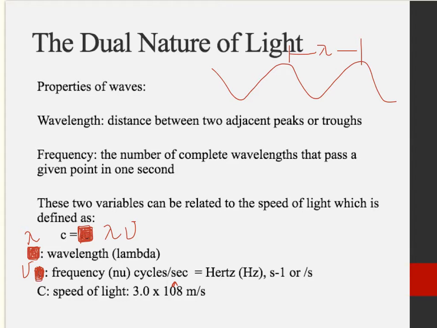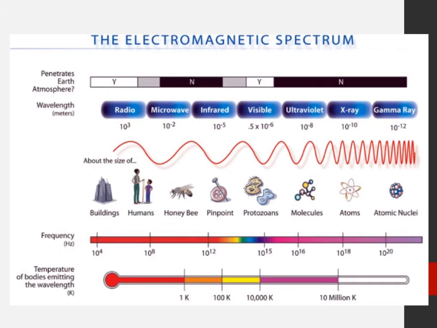Okay, let's continue on. So here you see the electromagnetic spectrum, which consists of all different types of ER. We have radio waves, microwaves, infrared waves, visible, ultraviolet, X-ray, and gamma.